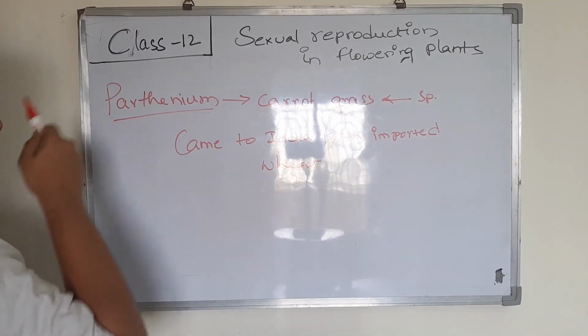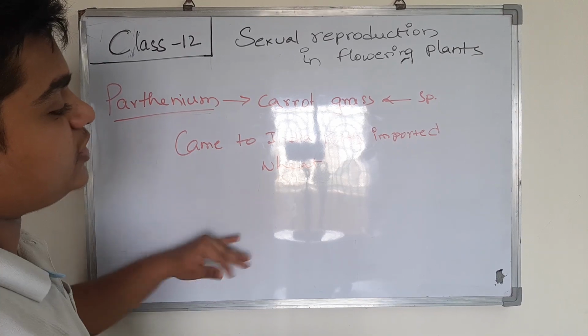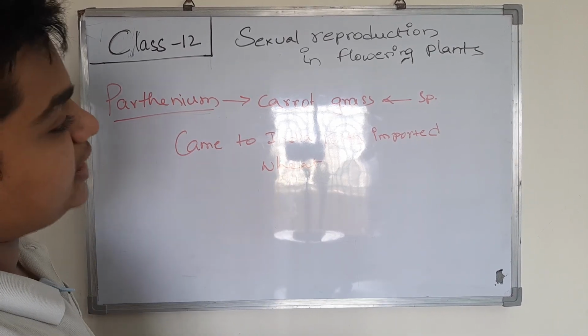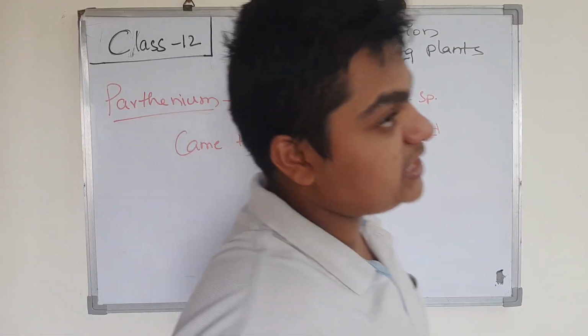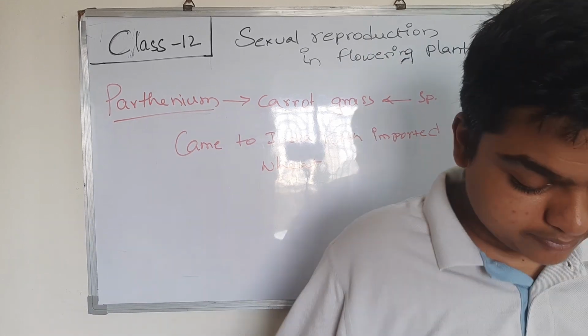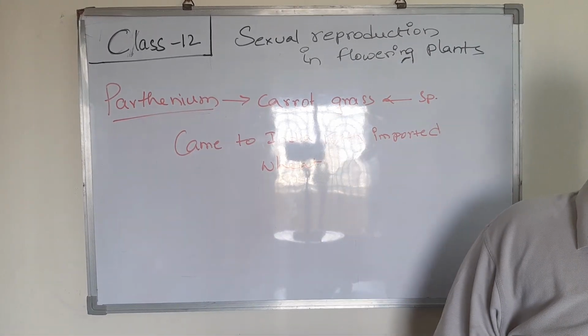They can ask you with which plant this Parthenium species or carrot grass has come. You have to say imported wheat.